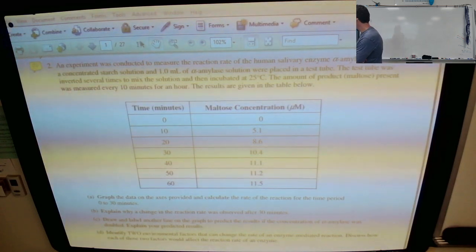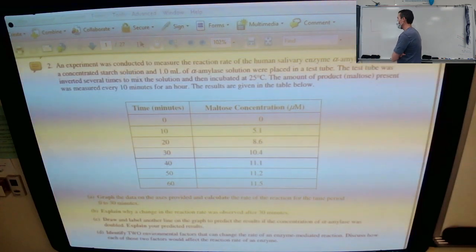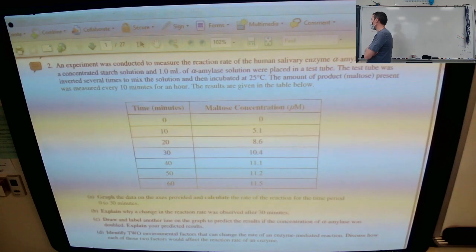Graph the data on the axes provided. And again, they gave you a piece of kind of grid paper. And calculate the rate of the reaction for the time period 0 to 30 minutes.